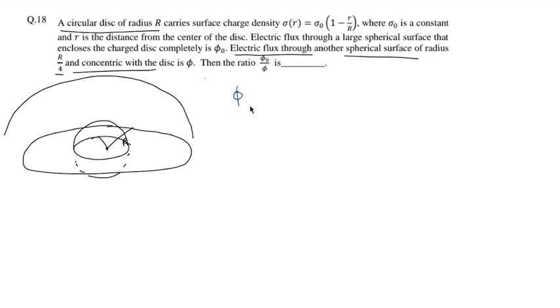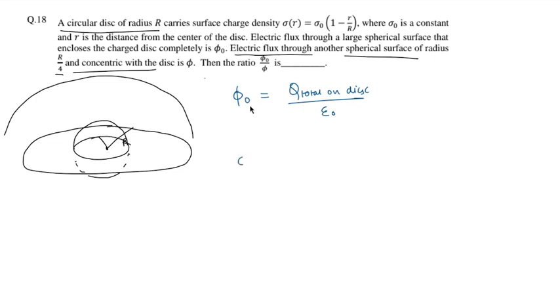And so phi naught, the flux through the bigger surface, is equal to the total charge enclosed, total on the disk, since it's all enclosed, and by Gauss's law, the enclosed charge will be all charge in the disk, total on disk, divided by epsilon naught.